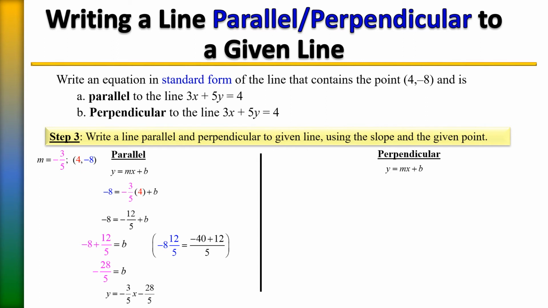Now let's move over to writing this same line that is perpendicular to the given line. So if our given slope is negative 3/5, the perpendicular slope of that, recall, would be of a different sign and the fraction flipped, so opposite and flip.